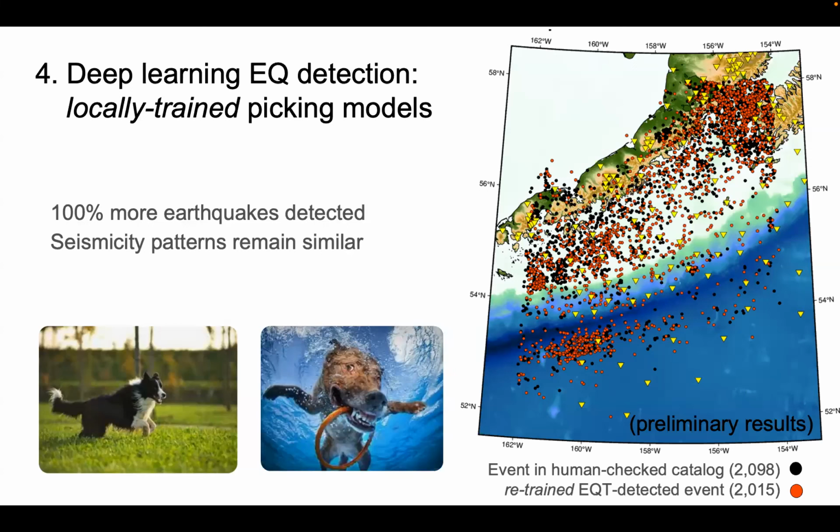As we fill in this map with new microseismicity that we're detecting with machine learning, the seismicity patterns really remain the same. We have more earthquakes, but they're still densely distributed in certain places and not in other places. So I'm not going to go into what we see in this catalog here, this is preliminary. This is just to say, yes, machine learning does get us more microseismicity.